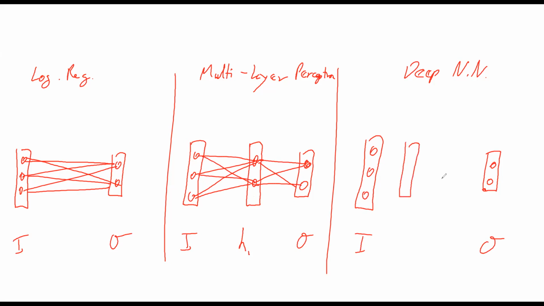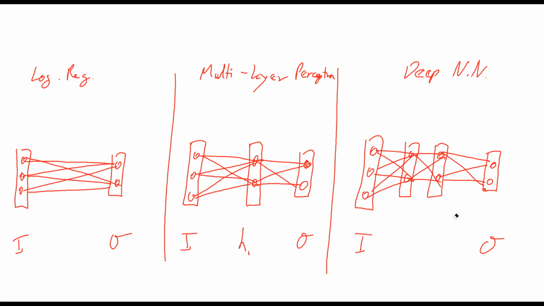If I add 2, it's now a deep neural net. If I add 3, it continues to be a deep neural net. So it's just more. You see, this is what makes it deep: the fact that there's more than one.